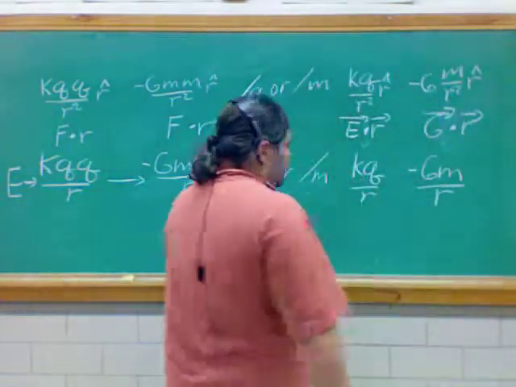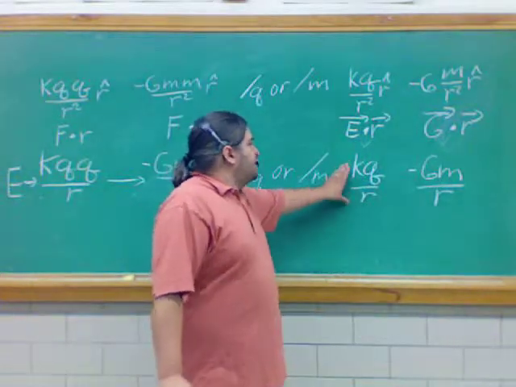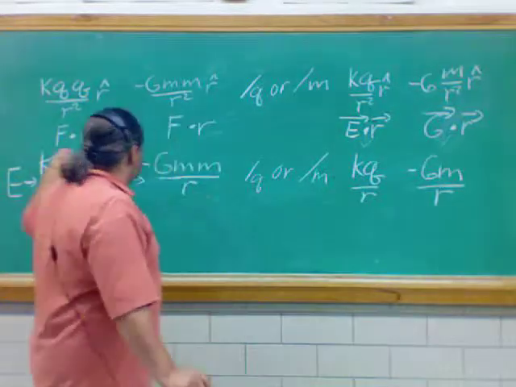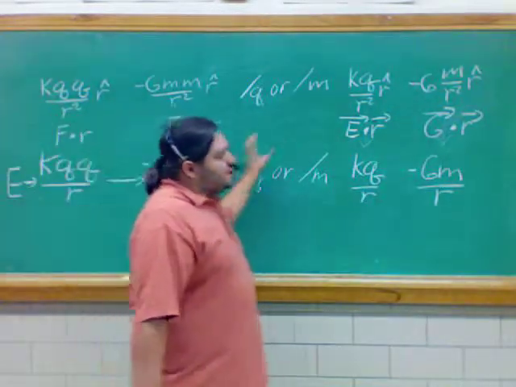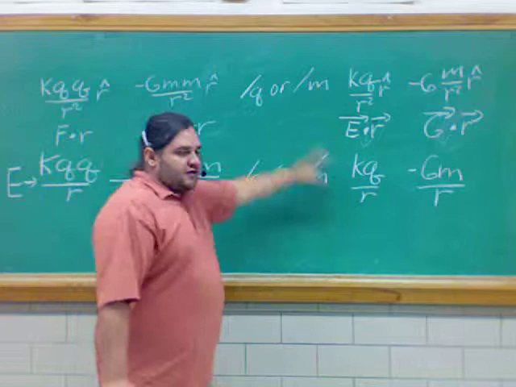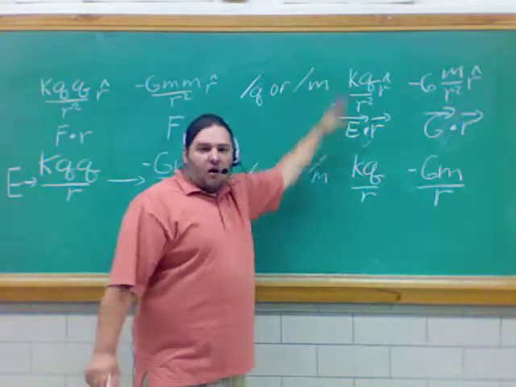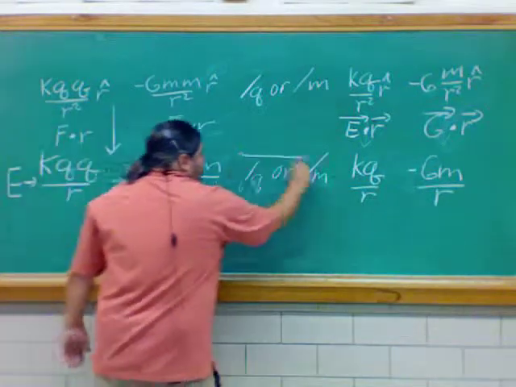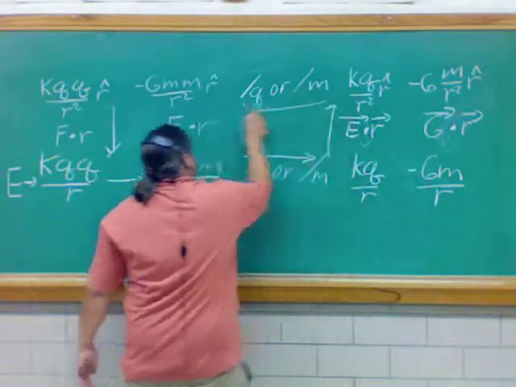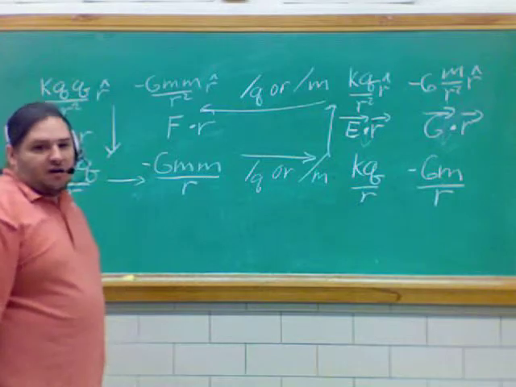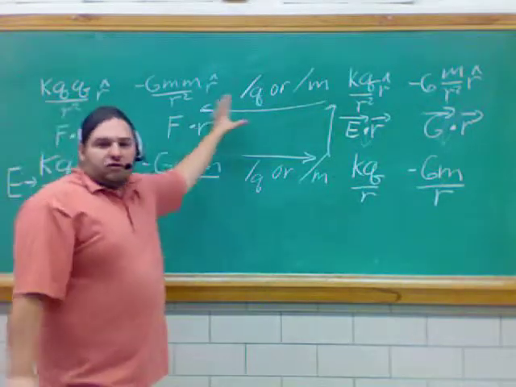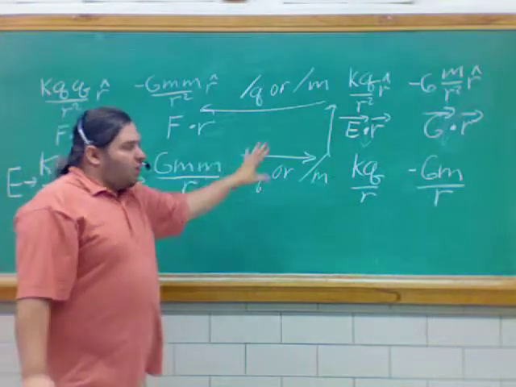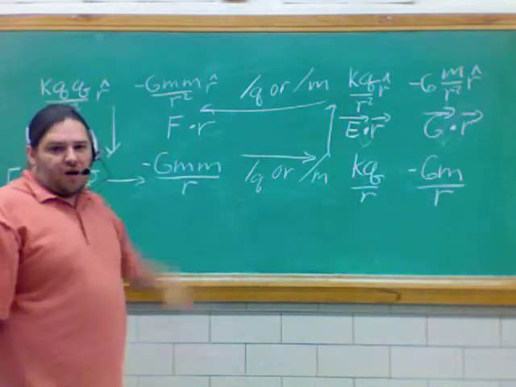I can get from potential to field, from potential to energy, from energy to potential to force to fields. I could go all over the place because of this relationship. They're all interrelated and can feed back into each other. I can go any way. I just have to learn which constants I have to multiply or divide by in order to get to whatever point I need to get.